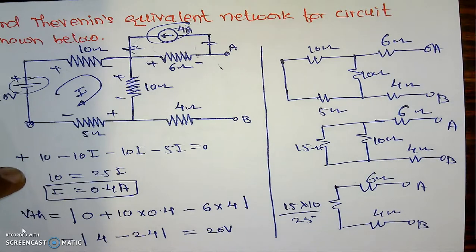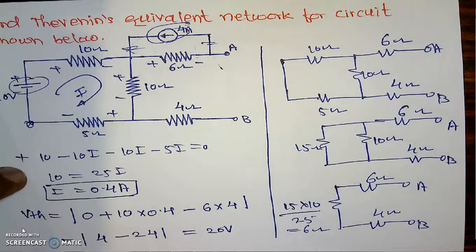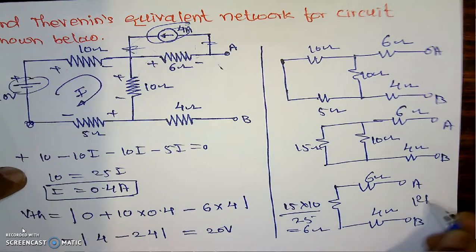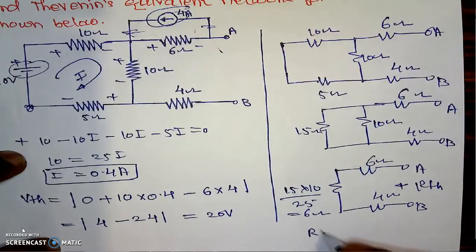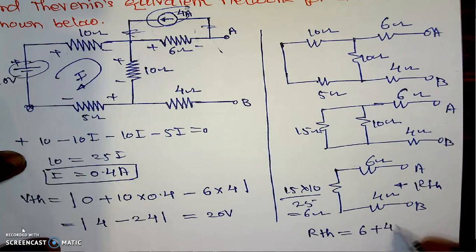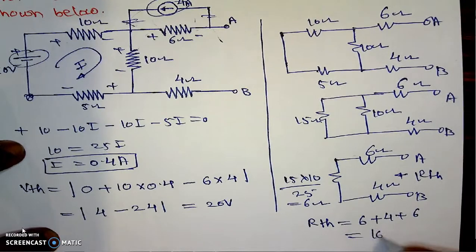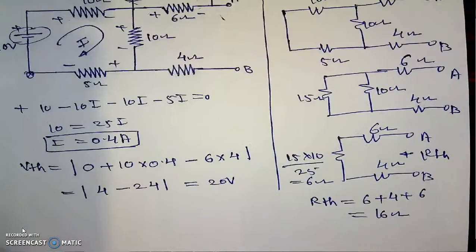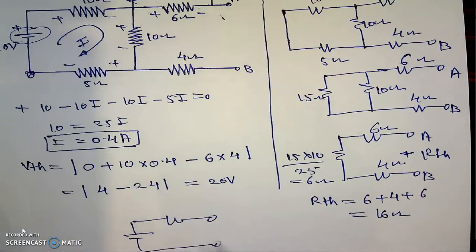That is 150 divided by 25, which is 6 ohm. Here, this is the RTH, resistance between the terminals A and B. That's why this RTH is equal to 6 plus 4 plus 6, which is equal to 16 ohm. And if we know the VTH and RTH, this will be the final figure or equivalent network, RTH.